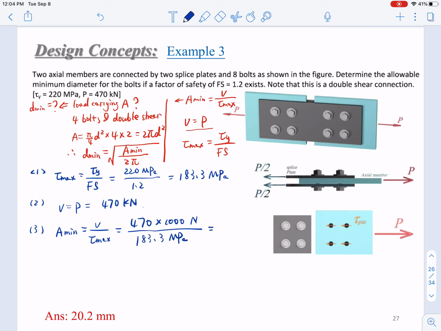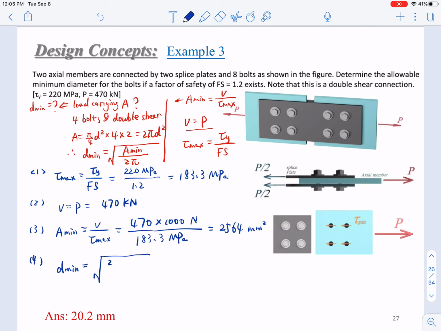Right, so the unit of the result will be square millimeter. So we'll get 2,564 square millimeter.